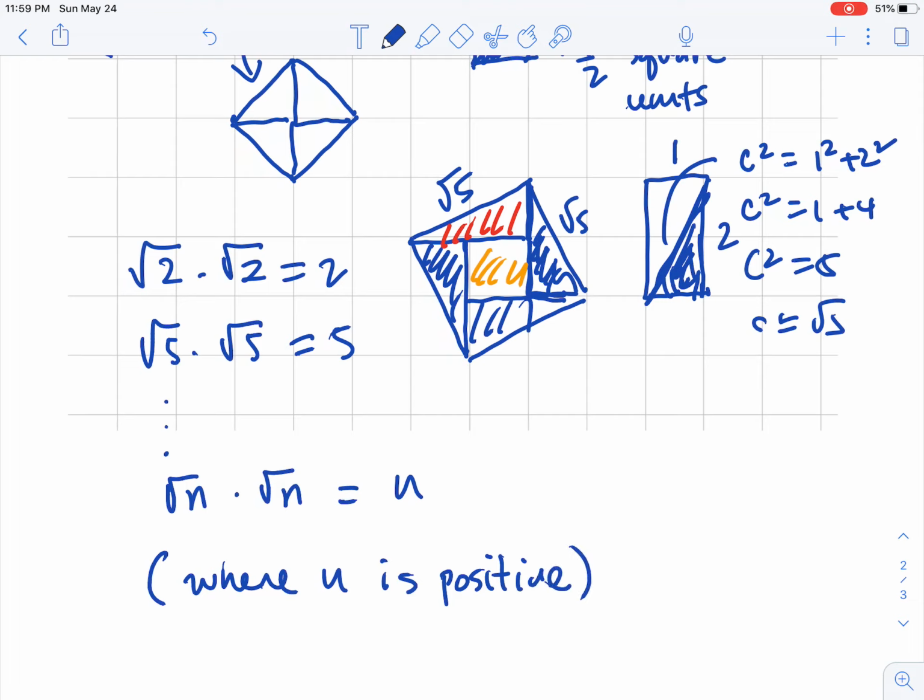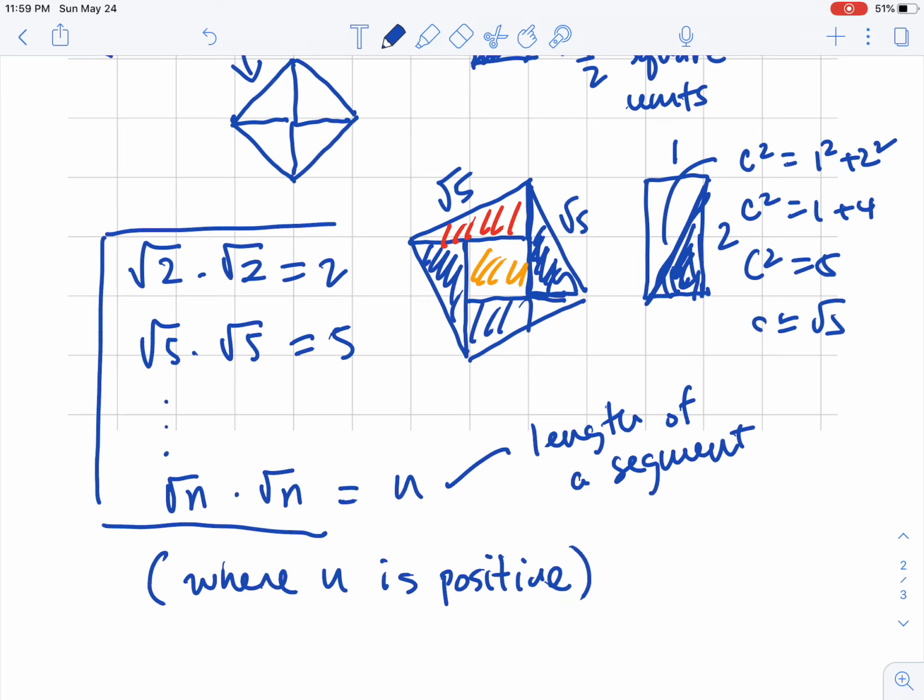Pag negative yung n, ibang usapan yan. So again, ang condition natin dito, n is positive because n here is the length of a segment, or in fact, length of the side of a square. Okay? So ito yung pinaka generalization natin, that square root of n times square root of n is equal to n, for positive values of n.